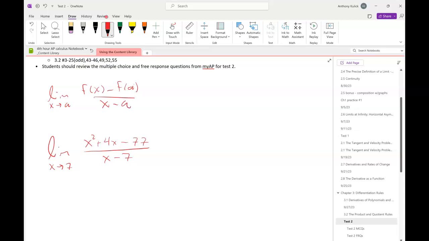That looks a lot like this, where maybe f of x is this.